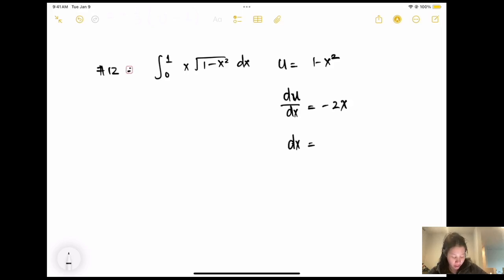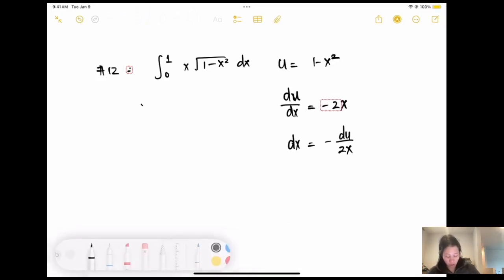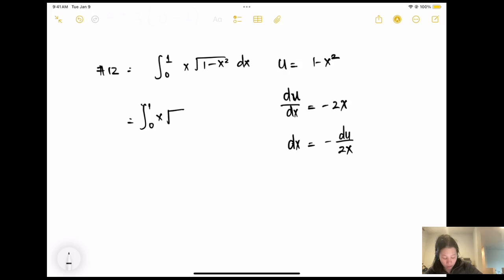Then dx is equal to negative du over 2x. Okay, so now we want to substitute this into the integral. We replace the u and the dx. So what we get is from 0 to 1, x times the square root of u, and dx is equal to negative du over 2x.